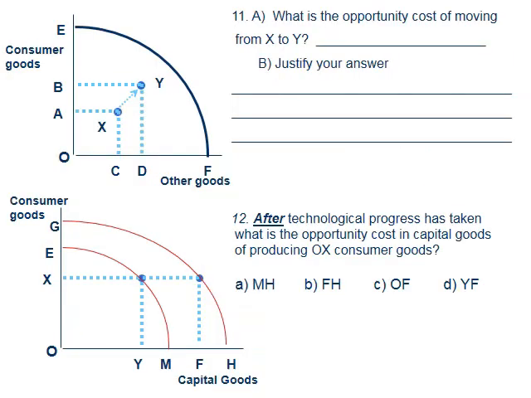This next one is an interesting question because if you're operating at point X, remember you have resources that are unemployed. So if resources are unemployed and you want to increase production of both consumer goods and other goods, you can. There's no opportunity cost because resources are unemployed.